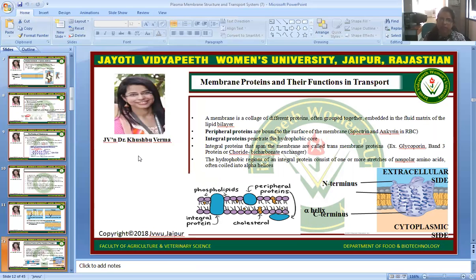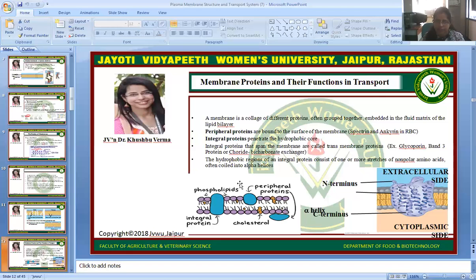Integral proteins that span the membrane are called transmembrane proteins, and the hydrophobic regions of an integral protein consist of one or more stretches of non-polar amino acids, often coiled into an alpha helix. You can see the structure where the integral protein crosses the complete hydrophobic region of the lipid bilayer. They are involved in the transport mechanism.